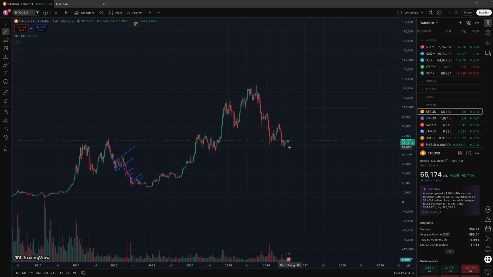Anything can happen. This is still a massive area of psychological support for this stock or for this crypto, for this coin, whatever it is you guys want to say. And to be honest, that 52 to 40, I'm going to give it a pretty big range.